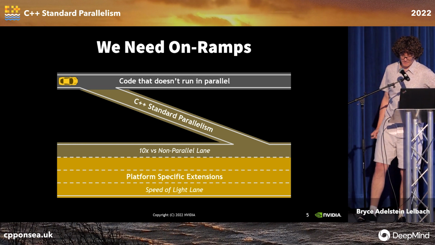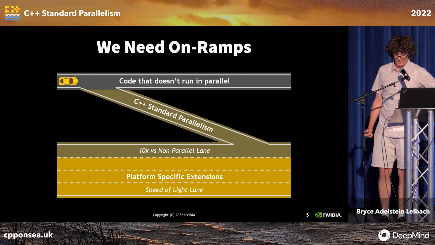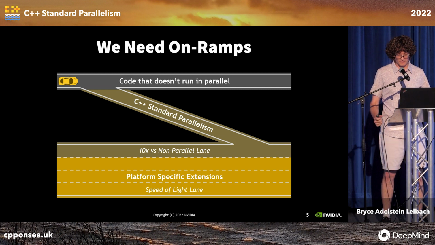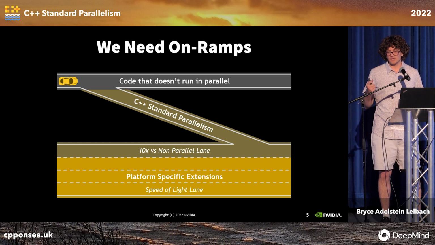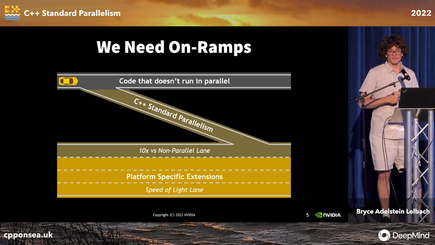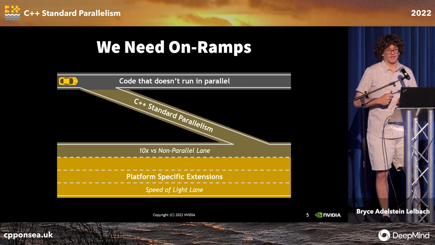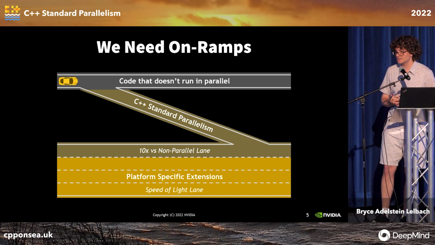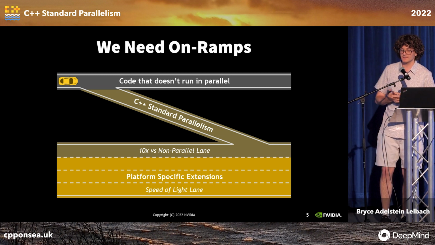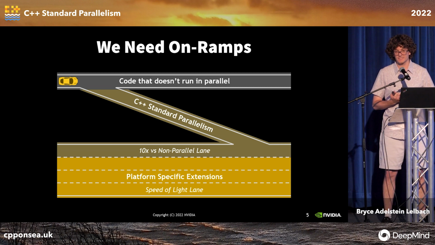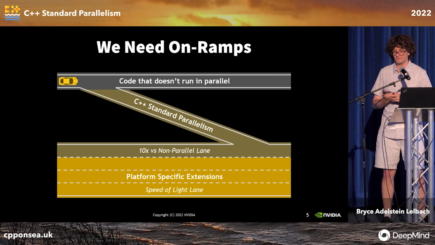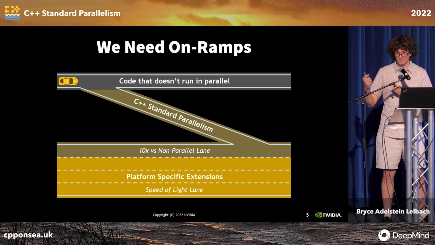So the C++ committee wants to build sort of an on-ramp to parallel programming. We want to give users easy-to-adopt solutions that will give you good enough performance on most of the platforms. Obviously, something that's portable is not going to always be able to expose all of the capabilities of every single individual hardware platform. But we want to give you something that's going to be enough to get you started.